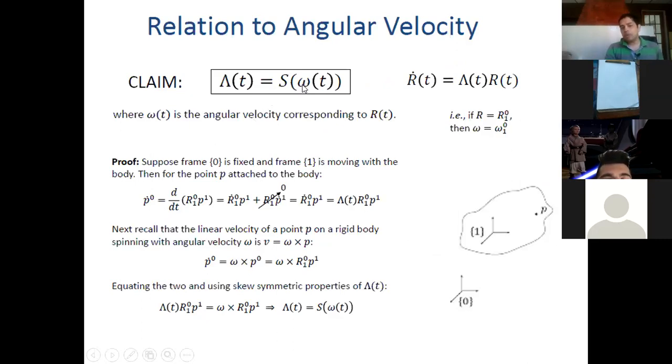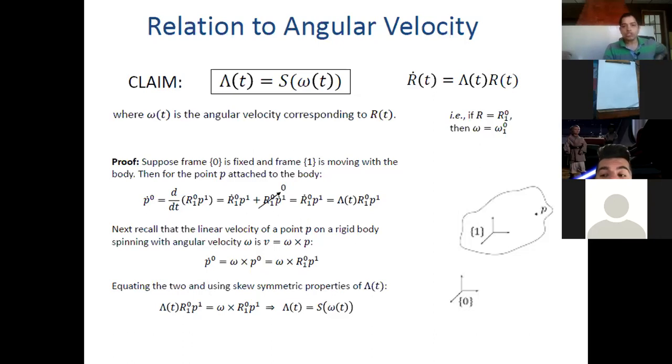A skew symmetric matrix is related to a vector, and in our case, that vector happens to be the angular velocity vector. That's what I'm going to claim here.